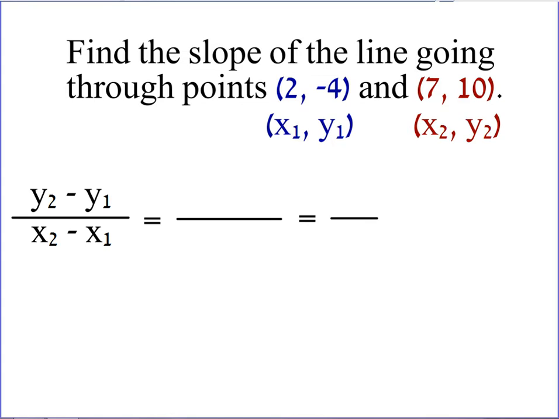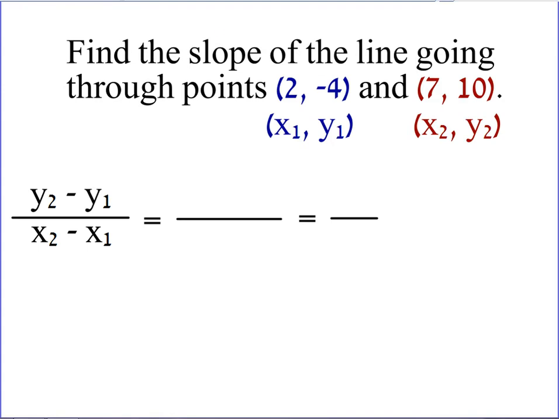We're going to put these into our slope formula. So let's take a look at that. First, I'm going to take y2, which in this case is 10. I'm going to subtract y1, which in this case is negative 4.